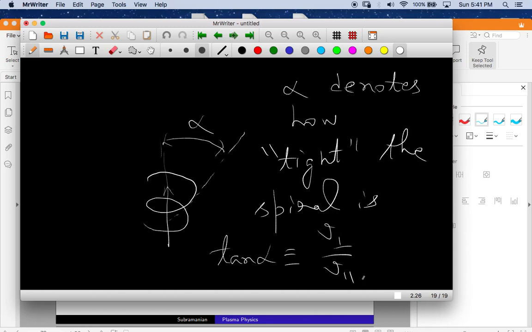Or is it the other way around? Is it V parallel or V perpendicular? Please check this. Either way, no, it's V perpendicular. Tan alpha would be V perpendicular over V parallel. So it's correct, I think. I think this formula is correct.